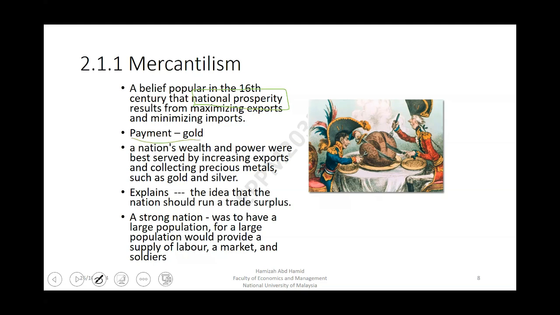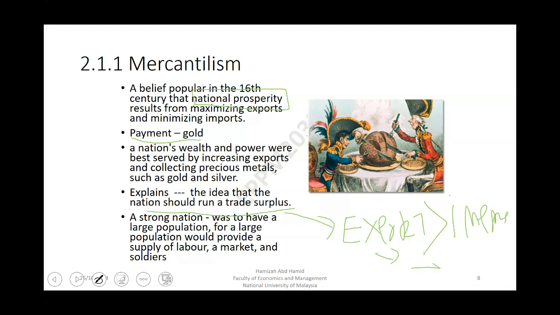Because in this time, the payment is gold. So a nation's wealth and power are best served by increasing export and collecting precious metals such as gold and silver. So this is one of the original ideas that enable us to understand that a nation should run on a trade surplus, meaning we sell more and we buy less.